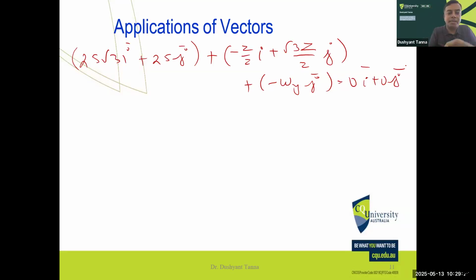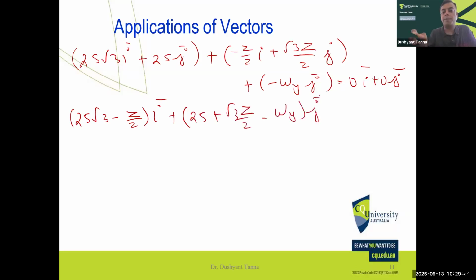Now we collect the I and j components. So 25 root 3 minus Z over 2 I. There's no I in the third one. This is 25 plus root 3 Z over 2 minus W j is 0I plus 0j. Yeah, compare I with the I.